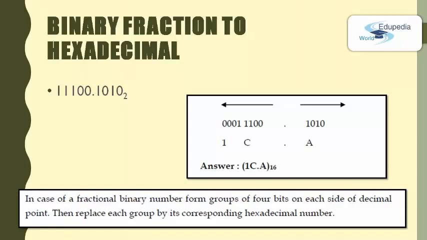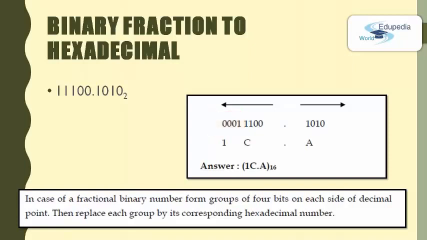So for the fractional part, we can create one 4-bit group, 1010. For the integer part, the first 4-bit group is 1100, and thereafter 1 bit is remaining. So to complete a 4-bit group, we put 3 zeros in front of that 1 bit. So the second group is 0001.